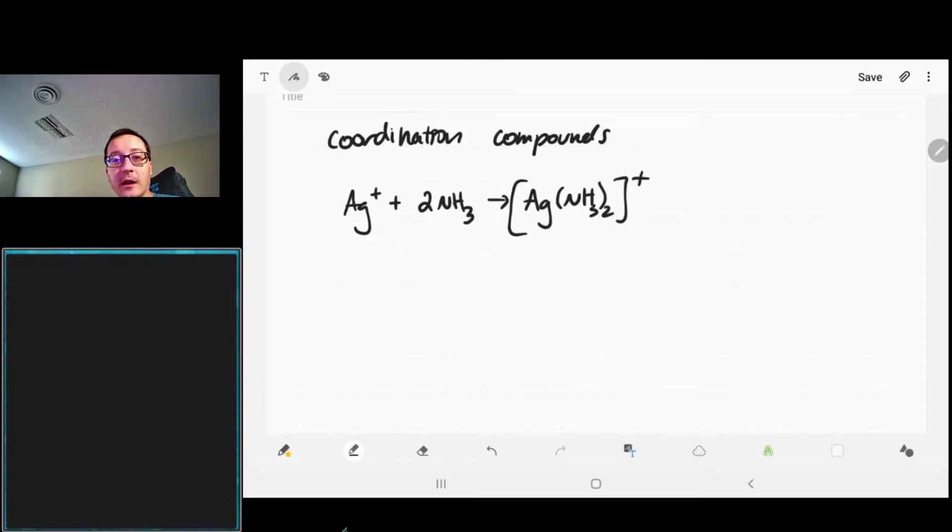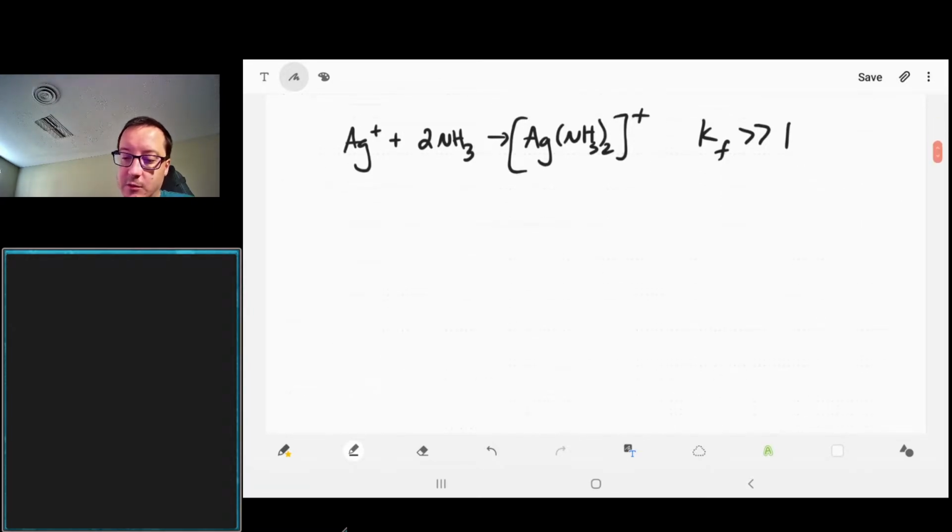We've seen this complex ion before when we talked about KF, formation constants for complex ions like this. We did see that this is a particularly favorable process. We saw that the KF is going to be very, very large for this. I don't know it off the top of my head, but it's a good thing, right? These make very stable complexes.